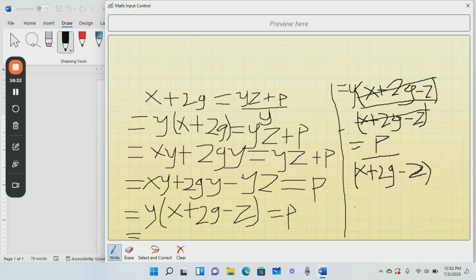So our final answer is y equals, so let's clean this. Let's remember the equal to sign here.